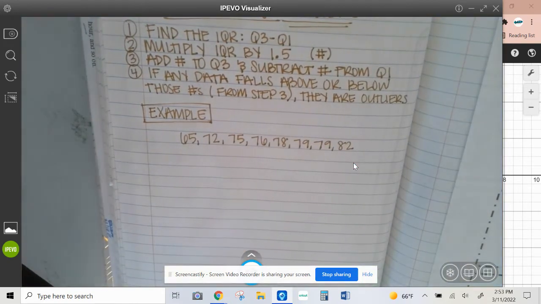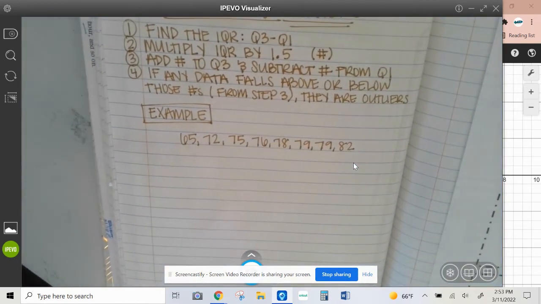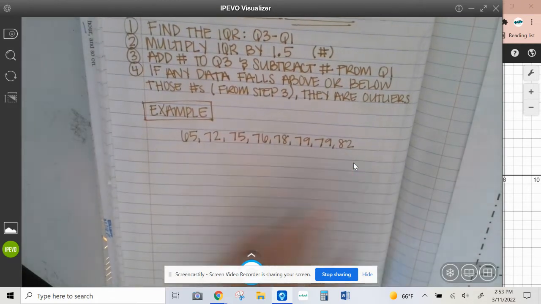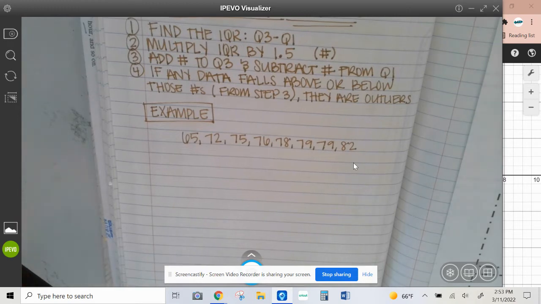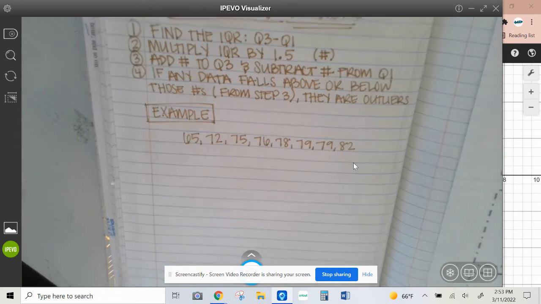Okay? Now, just looking at this data set, it doesn't really look like we would have an outlier, at least to me. When I look at this, I don't automatically think, oh my gosh, there's an outlier. But we have to actually calculate to see if there is, okay?